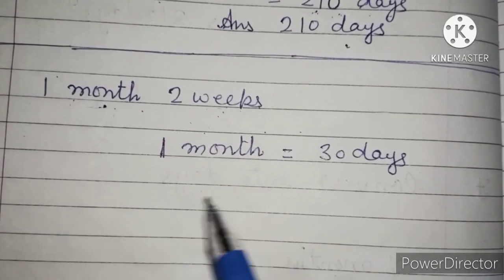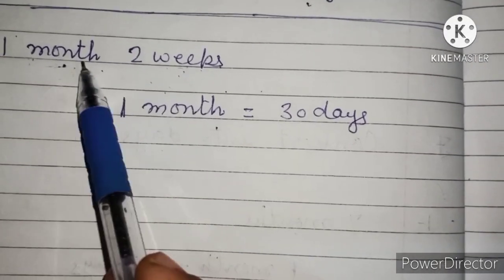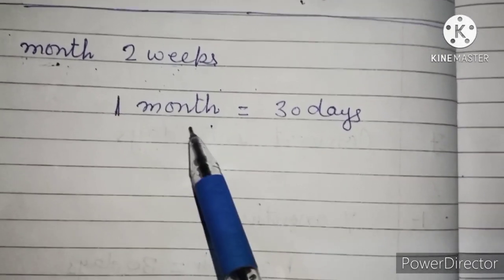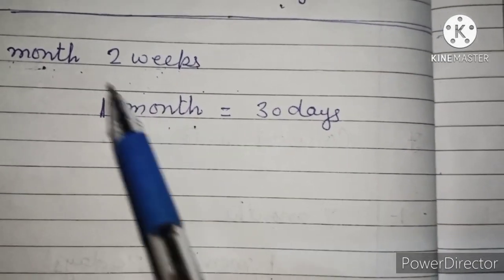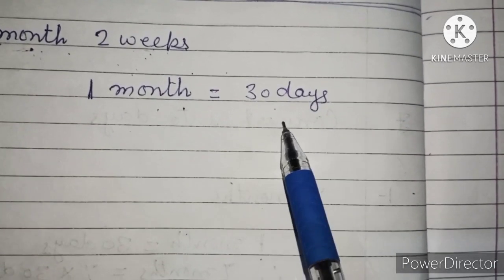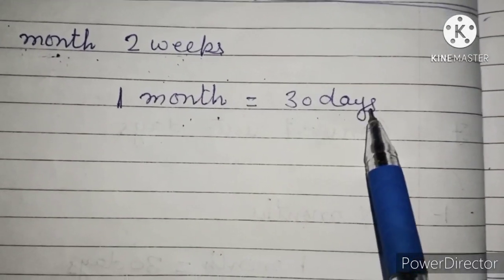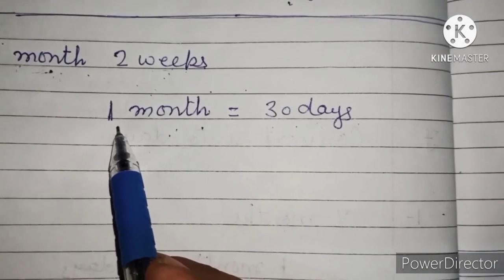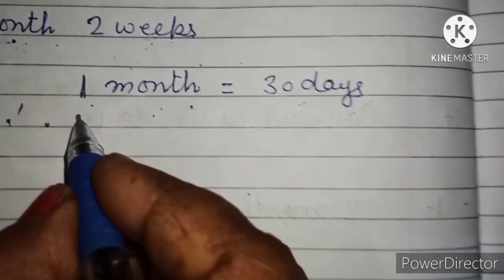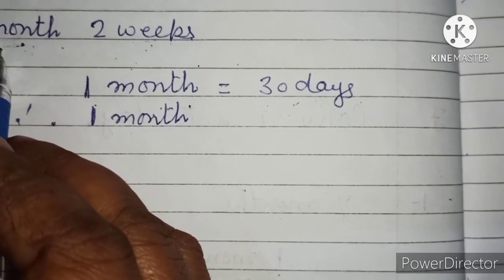So children, you can see that we will first change the month into days. So first we have to write the formula. I have already written. Okay? 1 month is equal to 30 days, so 1 month, here written 1 month.